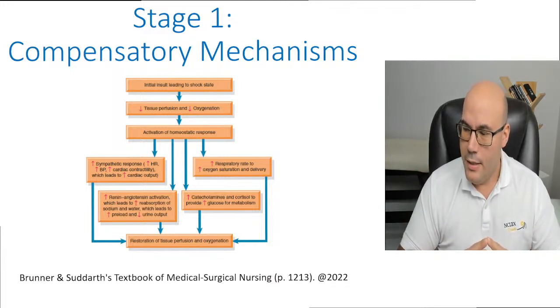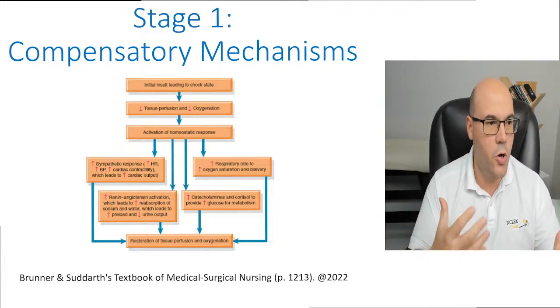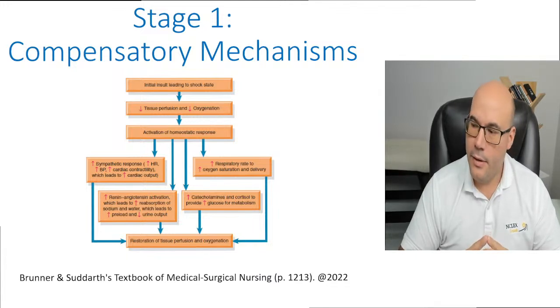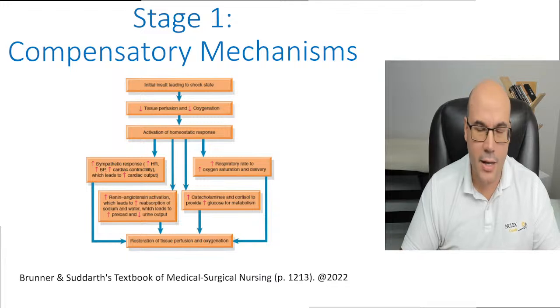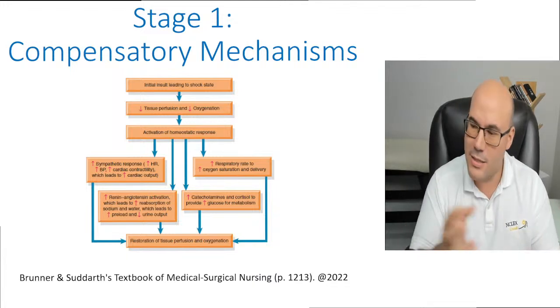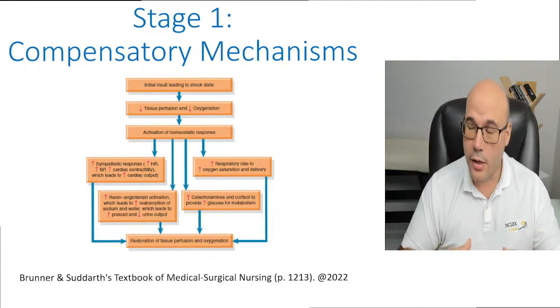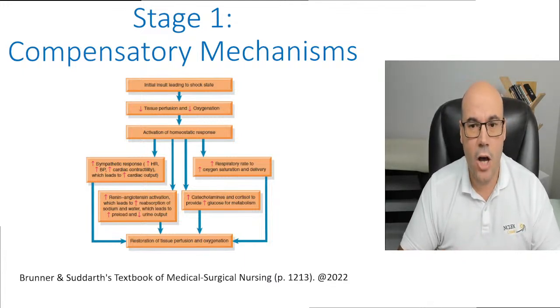So let me explain this graph, this photo, so you understand the compensatory mechanisms. Let's say that something happened and the patient developed a shock state. What's going to happen? This shock is going to decrease tissue perfusion, and decrease oxygenation to these tissues.